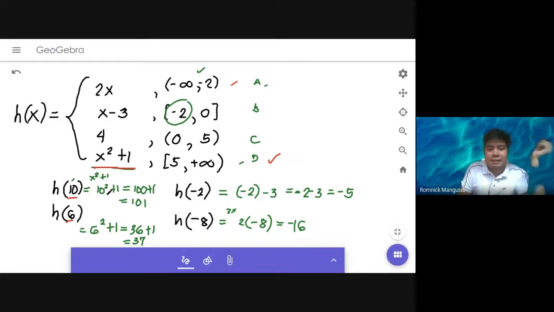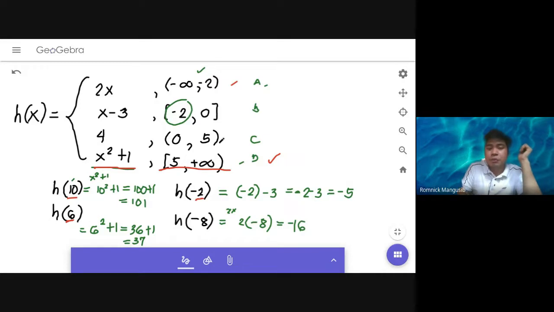Substitute x into 10. So you have 10 squared plus 1 will now give us 101. Ang 6 naman ay napapabilang ulit kay 5. All numbers greater than 5. Kaya ginamit pa rin natin ang x squared plus 1 kasi ang 6 ay mas malaki sa 5.